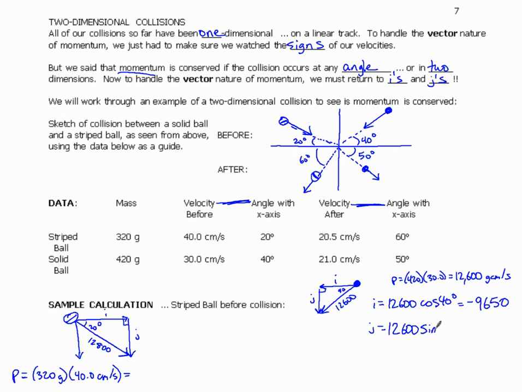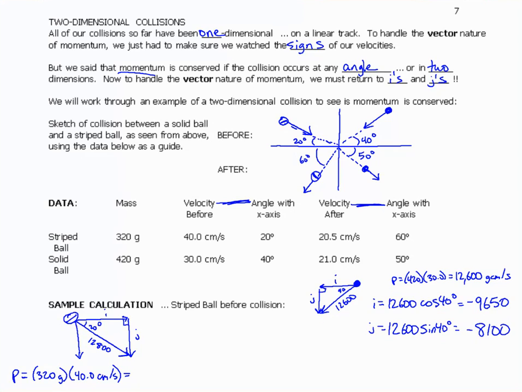Then for the vertical, J equals 12,600 times the sine of 40 degrees, which is 8,100, and it is moving from the top of the page to the bottom.